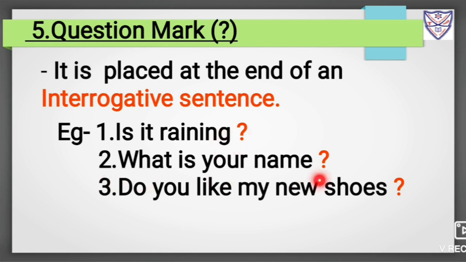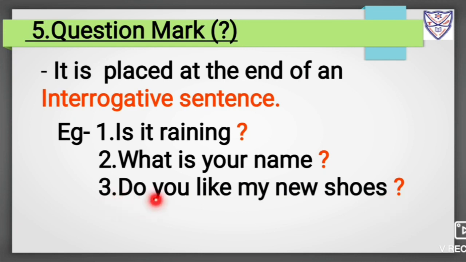Number 2: what is your name? Now over here again, this is a question statement, or we can say it is an interrogative sentence. It starts with what, so W of what will be capital, and at the end there will be a question mark because it is an interrogative sentence. Number 3: do you like my new shoes?